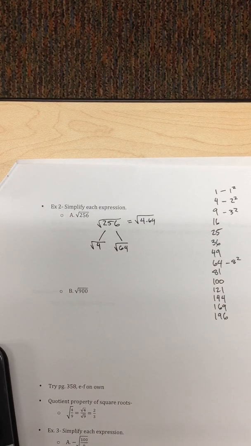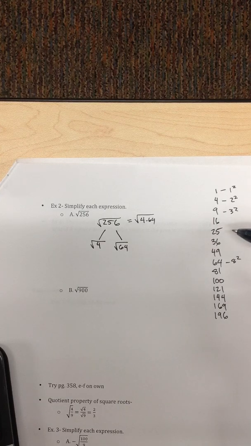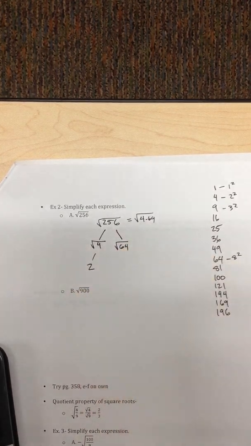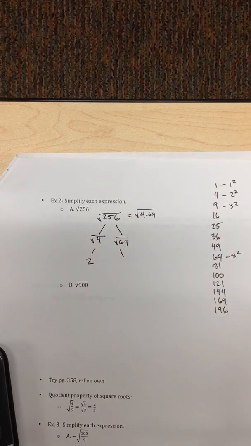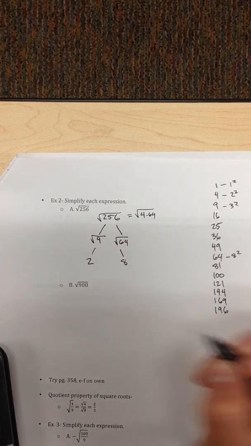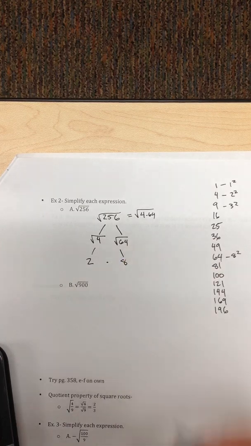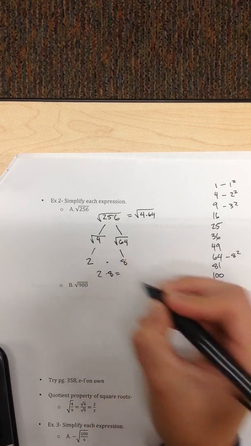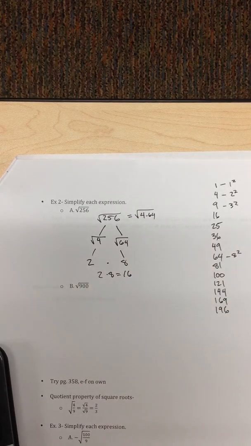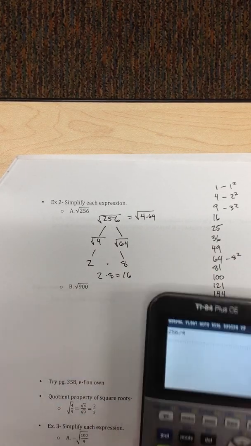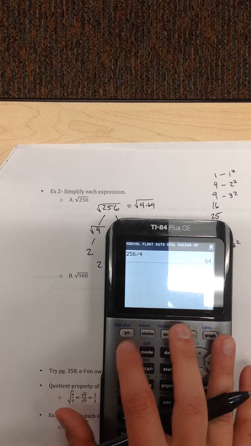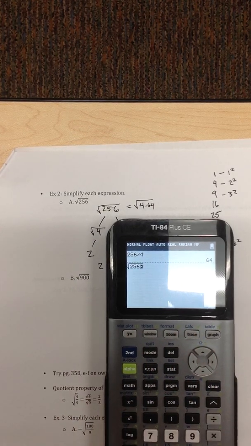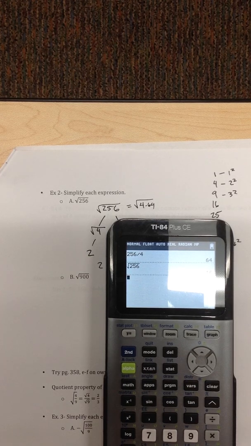Now, based on my list, I know that the square root of 4 is 2, and the square root of 64 is 8. So then I can take those 2 numbers, 2 times 8, and get my answer of 16. Now if I was going to check that on my calculator, second square root of 256, I should get 16, which I do.